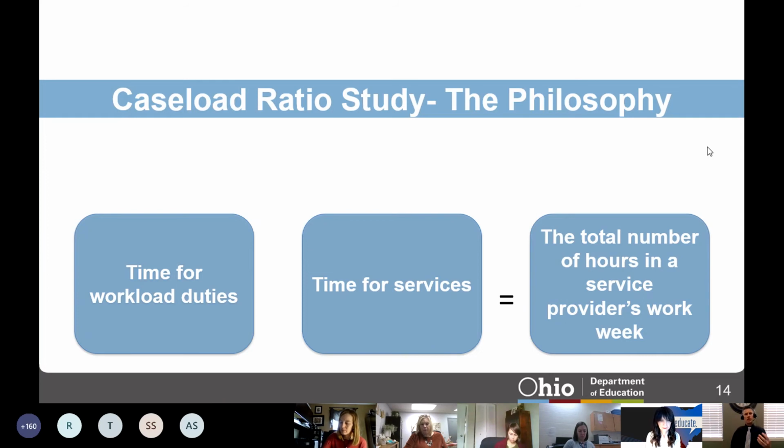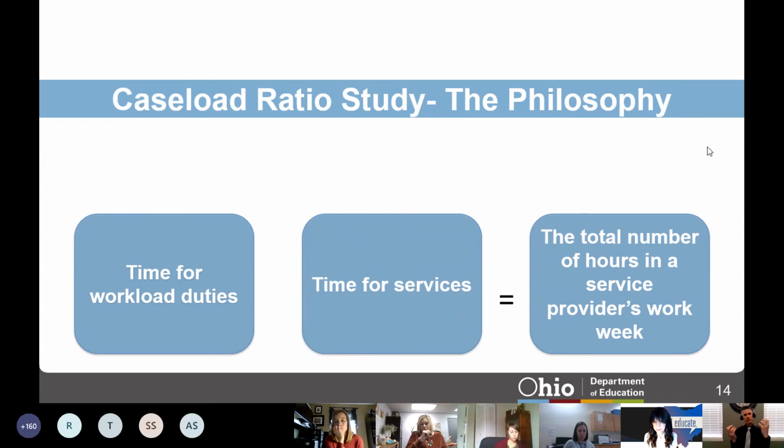The philosophy was that in looking at that determination, it was coming up with something that would allow service providers time for their workload duties. Workload duties could be anything from conducting evaluations, screenings, serving children through MTSS, as well as making sure they have time for services for students who are on IEPs and delivering accommodations for students who are on 504s.